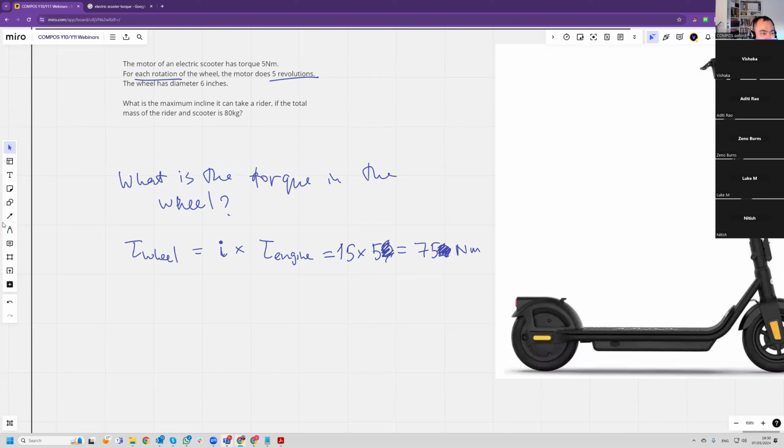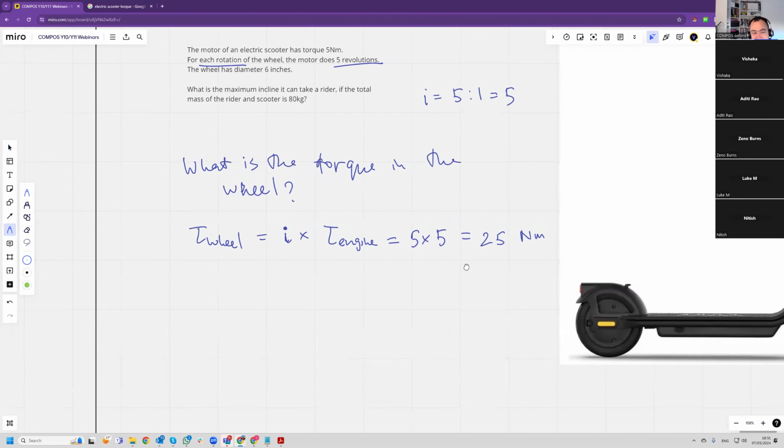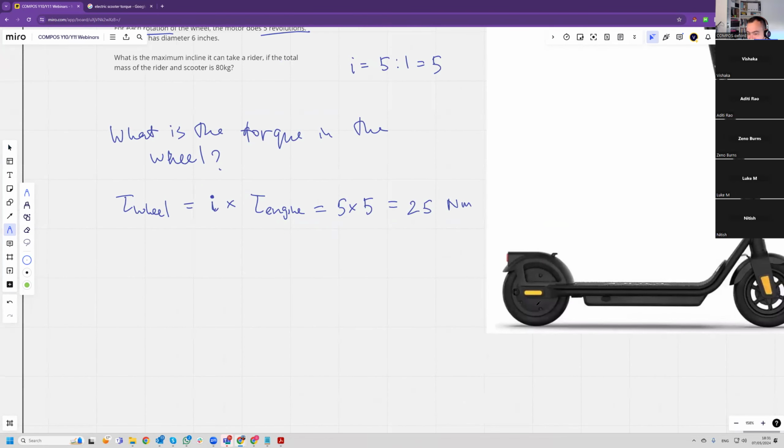So the mechanical advantage or gear ratio is 5 to 1. So it's 5 times 5, which is 25 Newton meters. All right, that's the torque in the wheel.